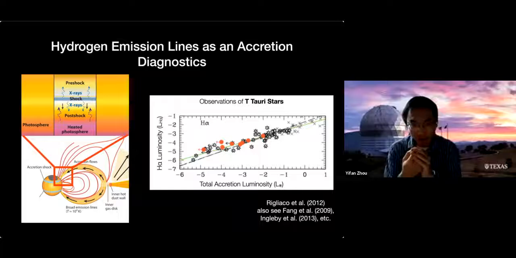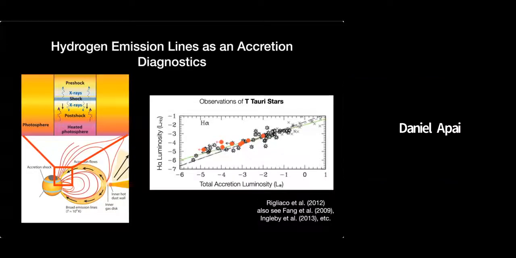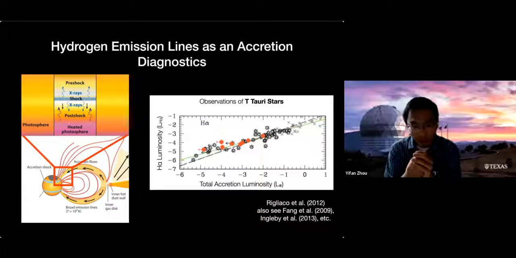Both the luminosity of the line emission, here I show the example of the H-alpha line emission, and the line width are empirically correlated with the total accretion luminosity. This allows us to measure the accretion rate without observing the entire spectrum to determine the total accretion luminosity.